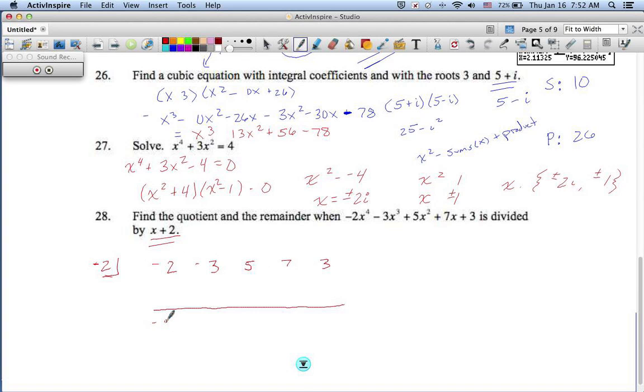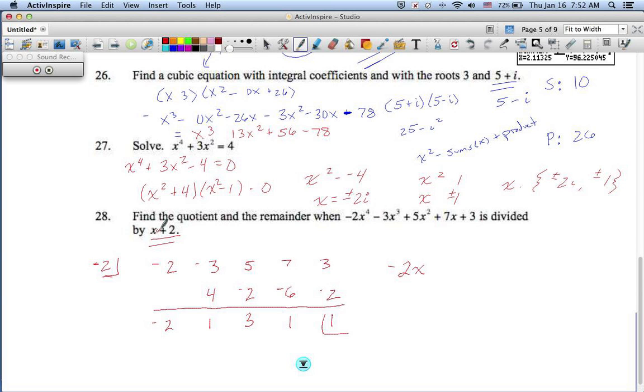Bring down the first term, multiply, add, multiply, add, multiply, add, multiply, add. There's my remainder. The quotient is negative 2x, so it was quartic.